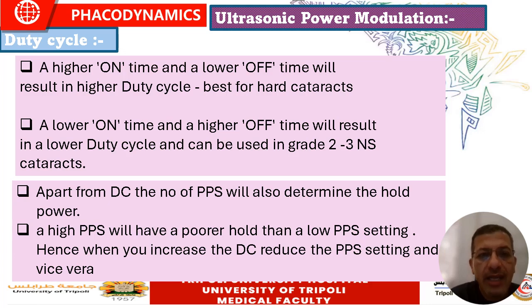So to have an ideal and proper emulsification, you have to have a high duty cycle that improves the cutting power and decrease the pulse rate to improve the holding ability. So keep it like this: when you increase the duty cycle, it is better to decrease the pulse per second, or the pulse rate. If you increase the pulse rate, you have to decrease the duty cycle. So the aim is to have a very good emulsification and very good holding power.